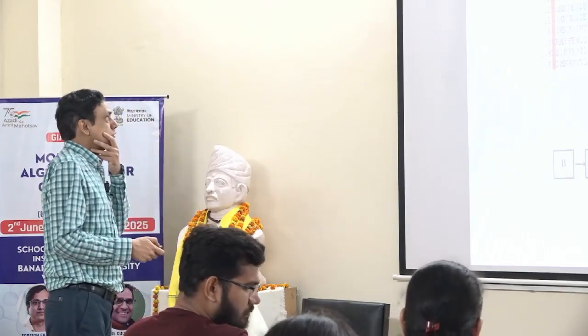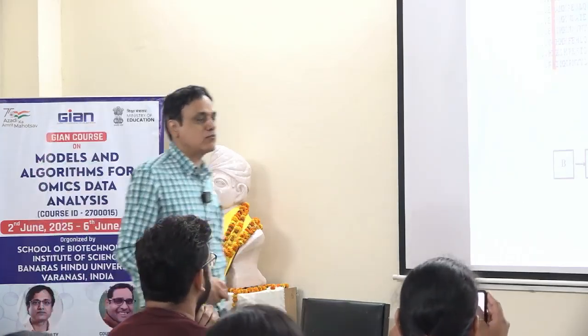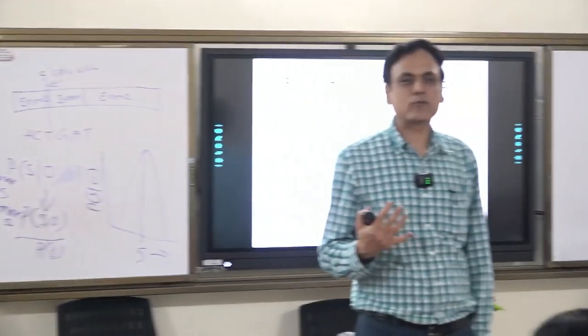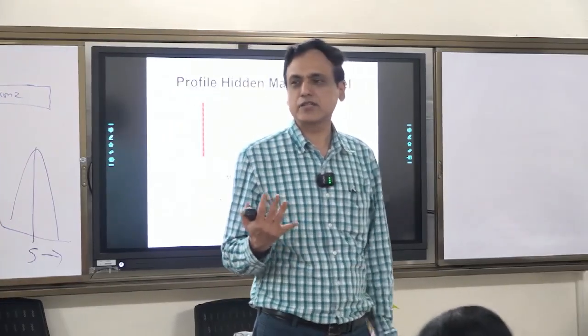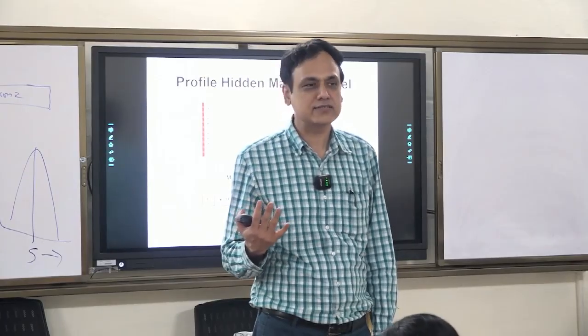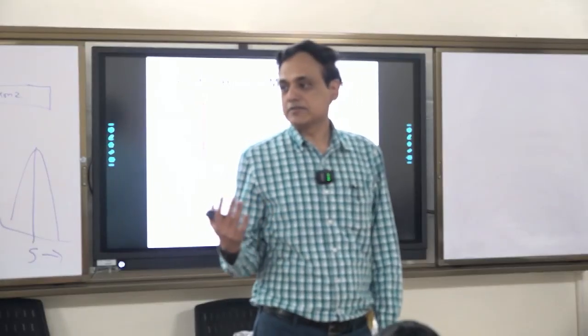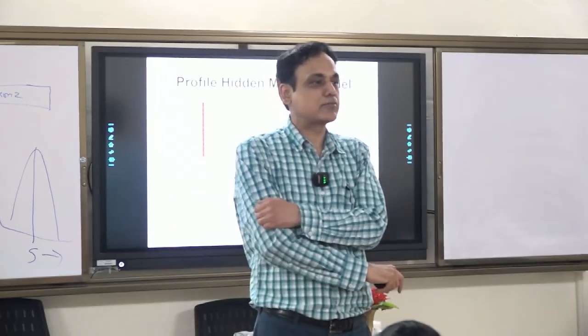Okay. So here is how hidden Markov model is used for describing multiple alignment of sequences. This is called profile hidden Markov model, and it is very popular in bioinformatics. You might have heard about PFAM models or hidden Markov models for protein families or domains. Okay.